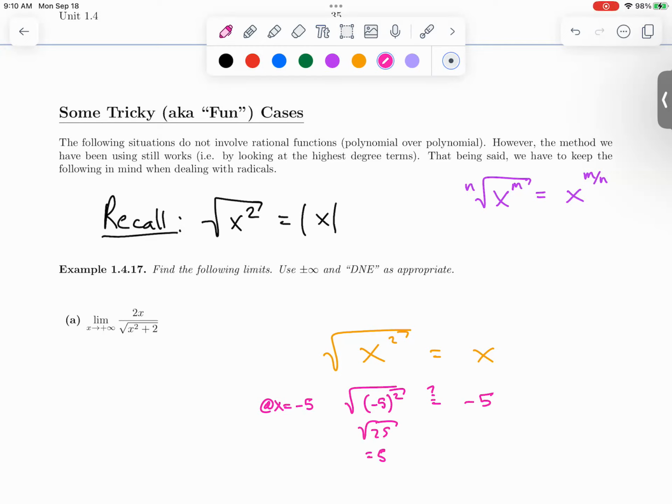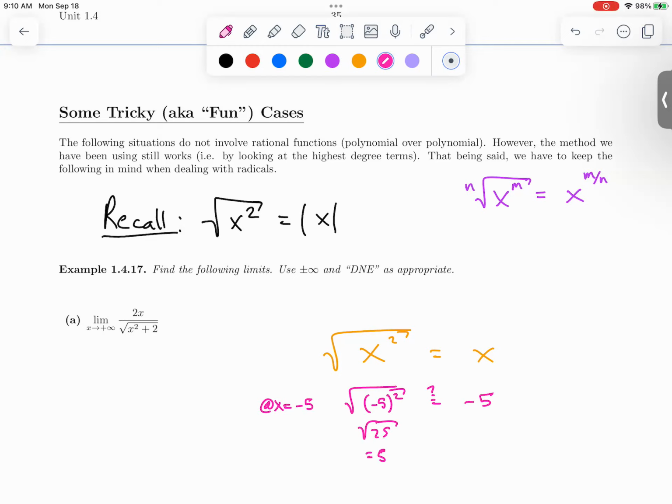Now, with that in mind, let's look at these examples. The limit as x approaches positive infinity of 2x over the square root of x squared plus 2. Now, if you go way, way back, you'll remember that we can pull the limit onto the inside of functions, as long as everything works out, as long as everything is nice and neat.